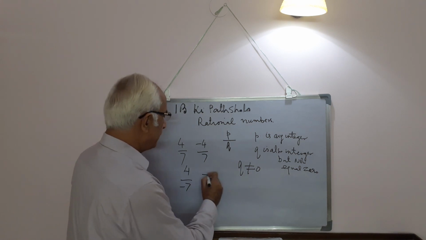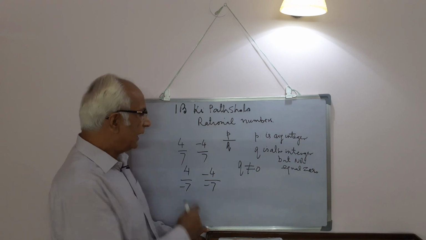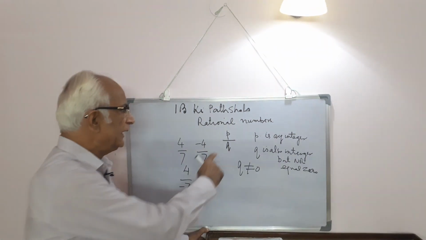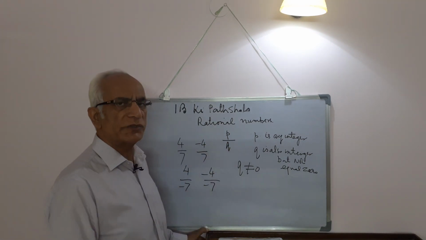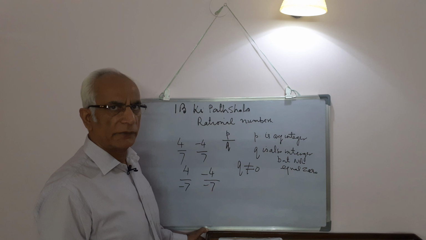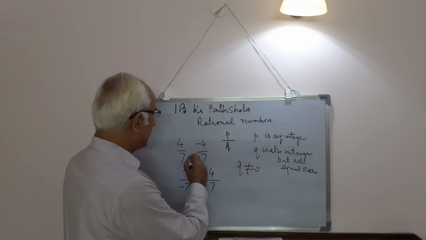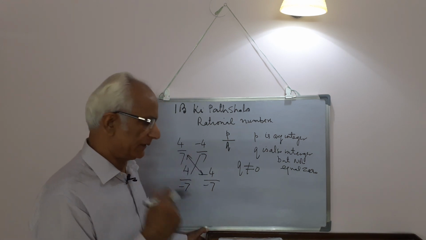Or we might say minus 4 upon minus 7. So all these are integers. P is an integer and Q is also an integer, and Q is not equal to 0. Even though these two numbers are same and these two numbers are same, that we'll learn later.